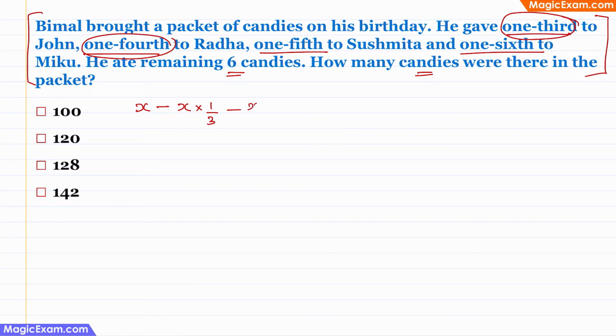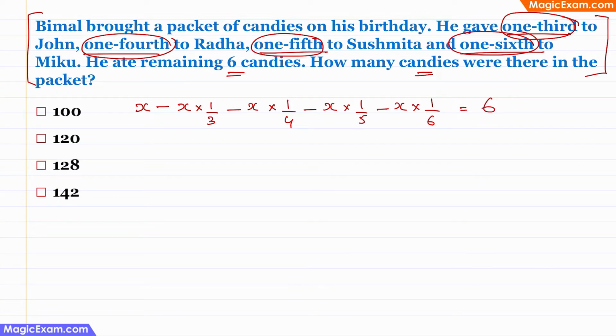So that will be minus x into 1/4. And then 1/5 he gave to Sushmita. So that will be again minus x into 1/5. And he gave 1/6 to Miku. So it is minus x into 1/6. And how many candies were remaining after that? So that balance was 6 candies which he ate.